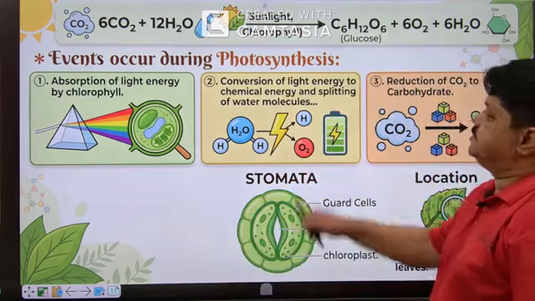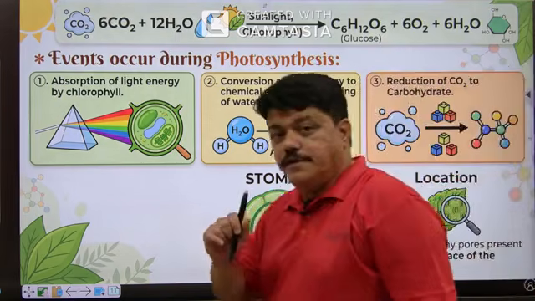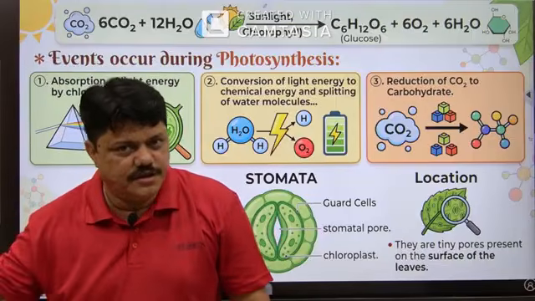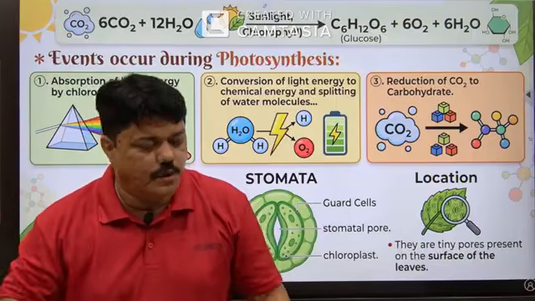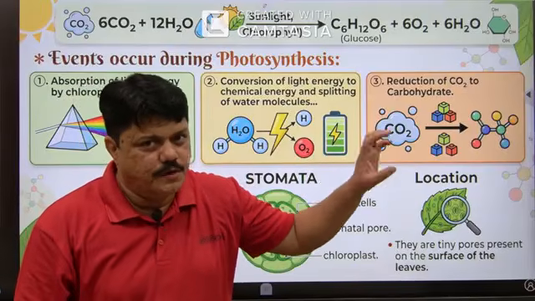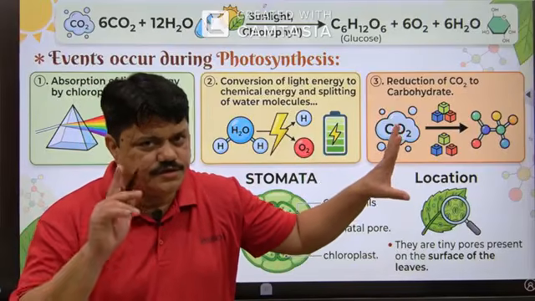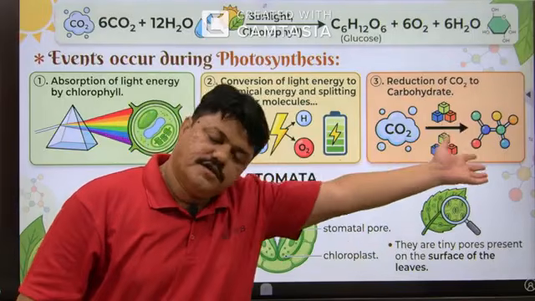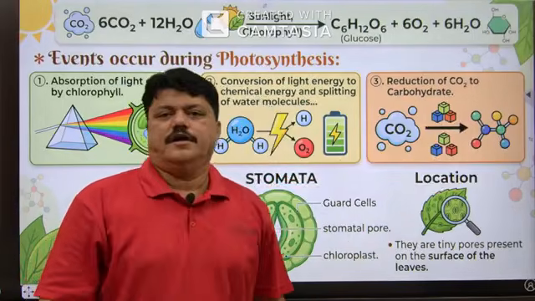So this is the simple equation of photosynthesis: 6CO2 plus 12H2O in the presence of sunlight and chlorophyll gives C6H12O6 glucose plus 6O2 plus 6H2O.